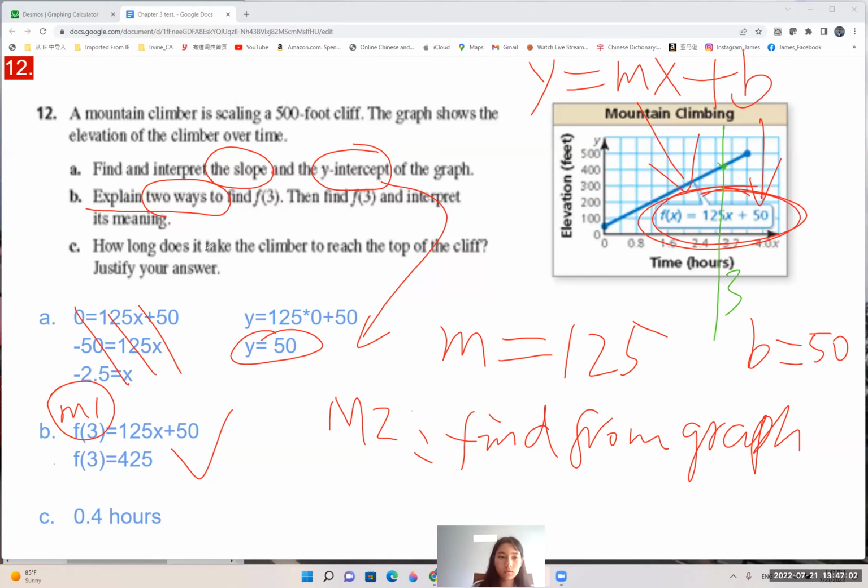Okay, last one. How long does it take the climber to reach the top of the cliff? Let me change the color. So top of cliff is here. It's related to like this. That means that it's not this. Of course, not this. 3.6 hours, right?